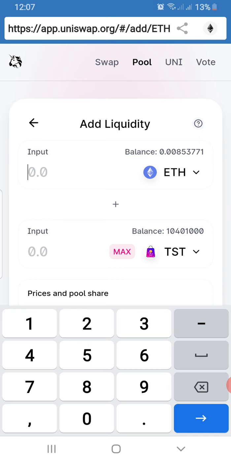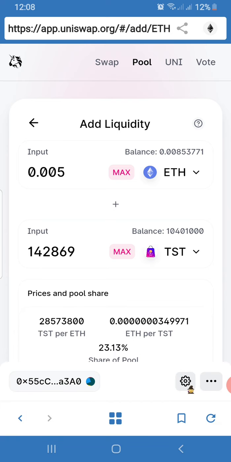Assuming you're the first liquidity provider in the Uniswap TST exchange, it will tell you that you're the first person creating the price, so you will determine how many ETH and how many TST. But since a price is already created, and I want to deposit, let's say, the whole 0.005, what it means is I'm going to deposit 0.005 and 142,869 TST to the liquidity pool.